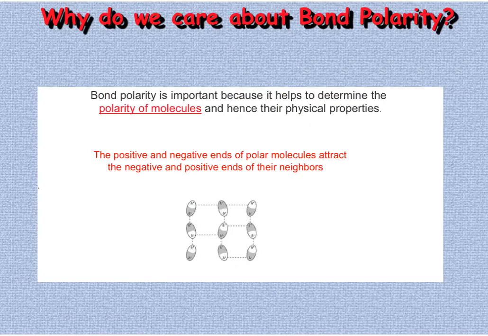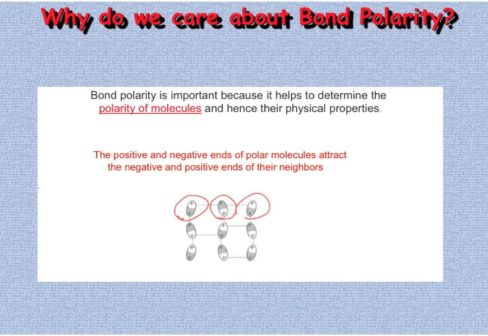All right, almost done with this lecture. Why are we making such a big deal about bond polarity? Because the bond polarity is a really important factor in determining the overall polarity of a molecule. Because let's say that we have a polar bond.